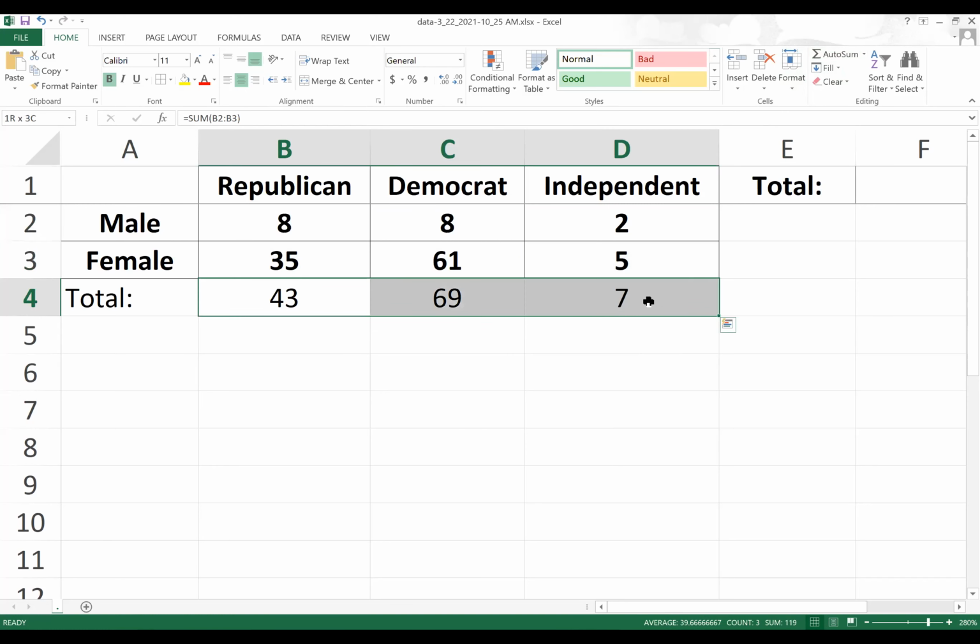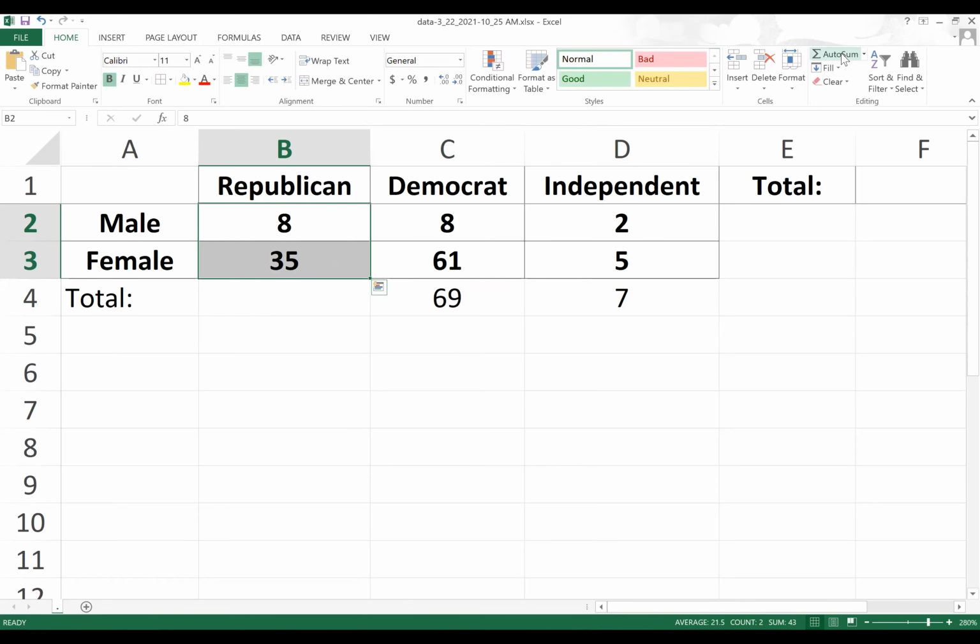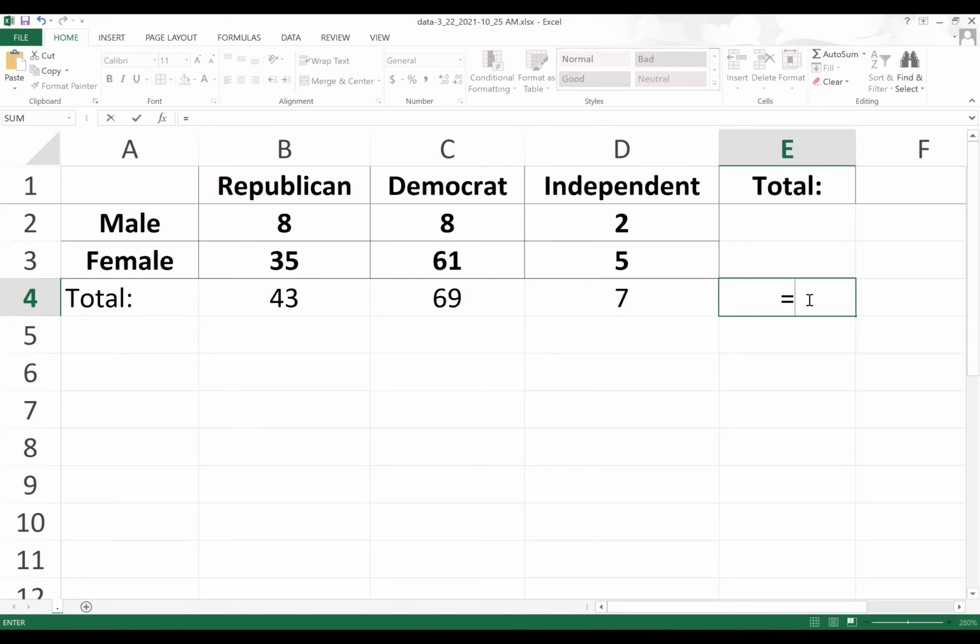If you sum up those 3 numbers, then we have 119 politicians they surveyed.